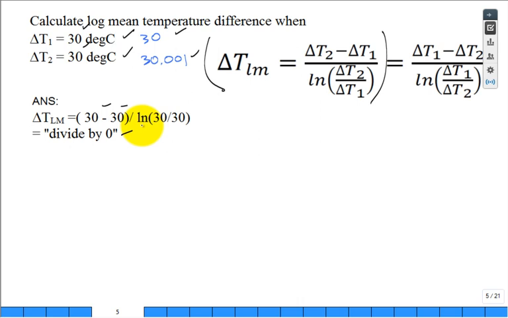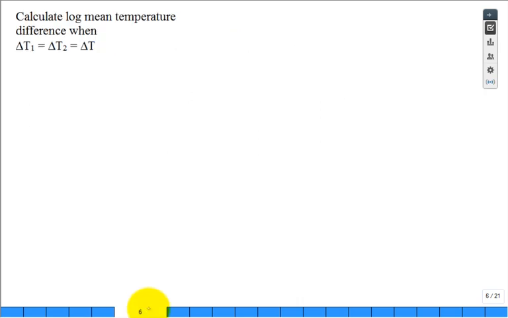So, yeah. What we do is we go back and we try to figure out how you are going to do the special case when delta T1 is equal to delta T2. And what you do is you say, okay, well, let delta T1 be delta T1, but let delta T2 be delta T1 plus a little epsilon, and then I'll do the limit as that epsilon goes to 0.